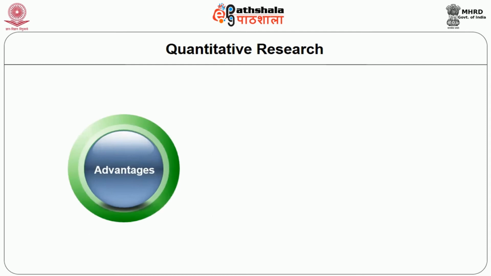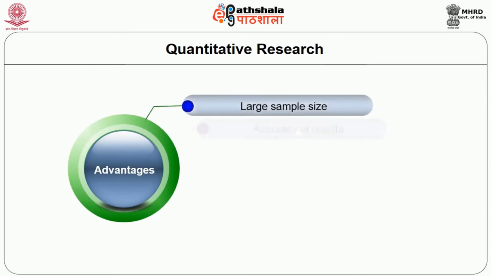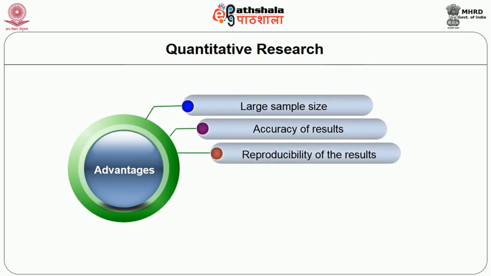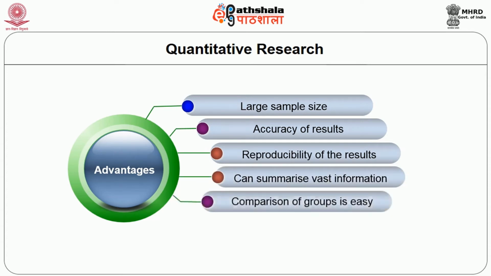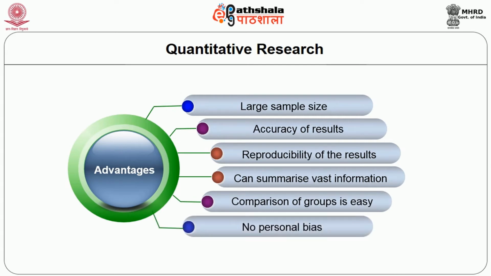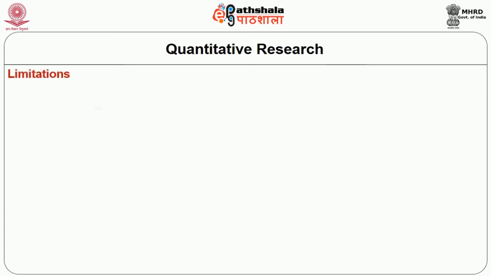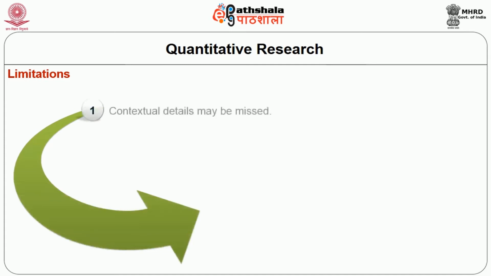There are many advantages of quantitative research: large sample size, accuracy of results, reproducibility of the results, can summarize vast information, comparison of groups is easy, and no personal bias. However, there are some limitations also. Contextual details may be missed.